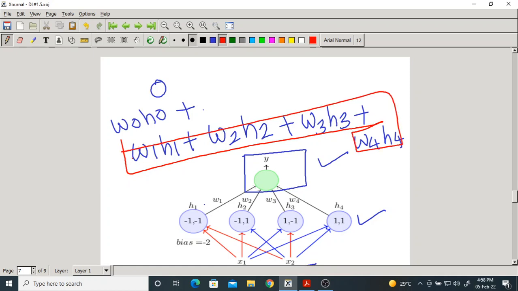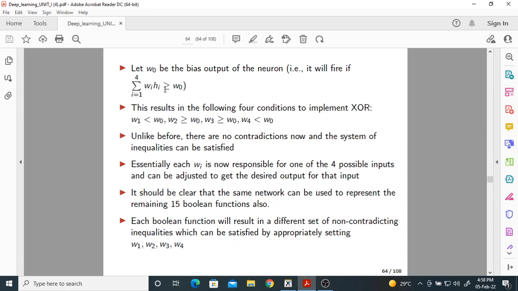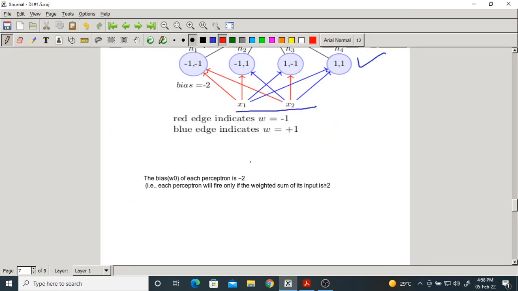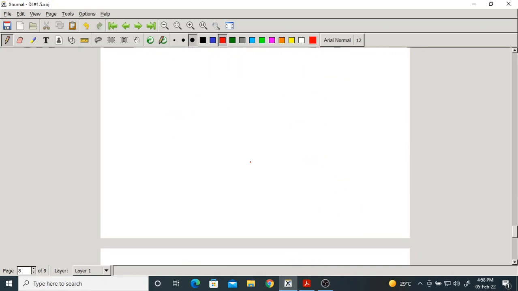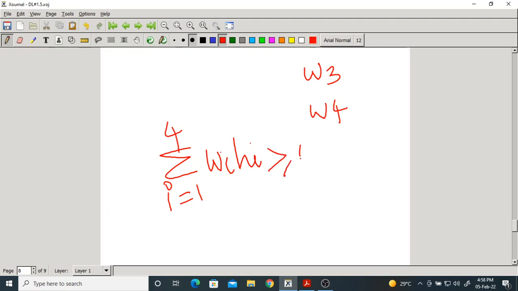Now, we got a weighted sum for this output perceptron, which is in the output layer. Let W0 be the bias of the output neuron. Obviously, the output neuron will fire when the weighted sum, summation i equal to 1 to 4 WiHi, is greater than or equal to W0.